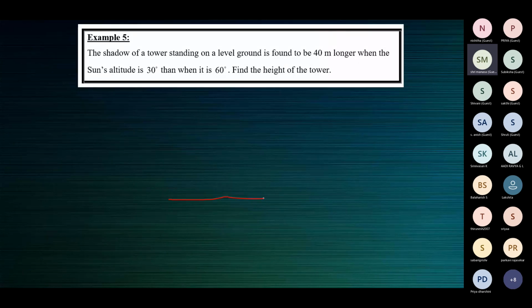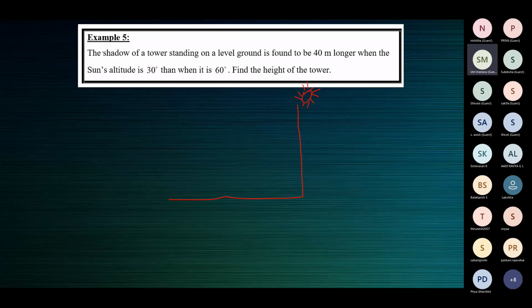This is the ground, the tower. The sun is fixed. The sun does not move. The rays of the sun, the inclination will be different at different times during the day. So there's a difference in the length of the shadows.